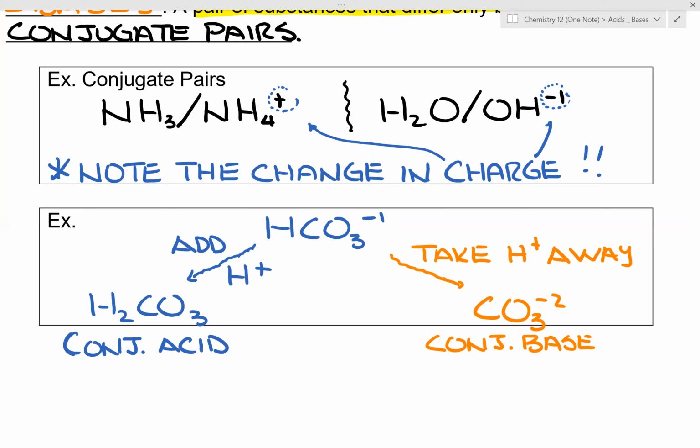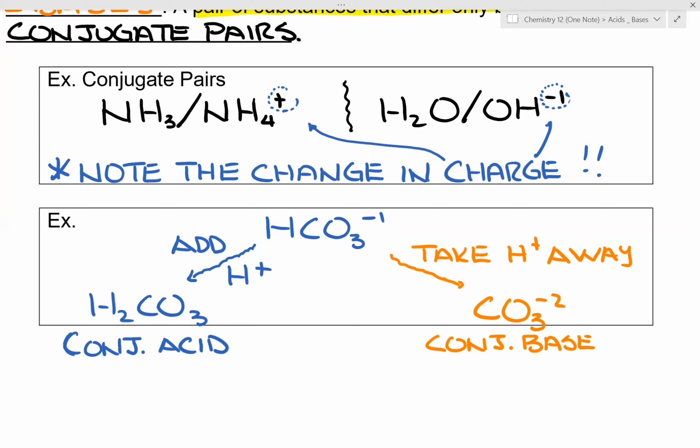The reason is that H2CO3 has to donate one proton to become HCO3 minus 1, and because it has to donate a proton, it's considered the conjugate acid.